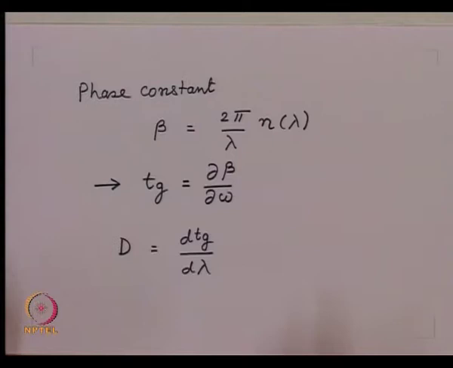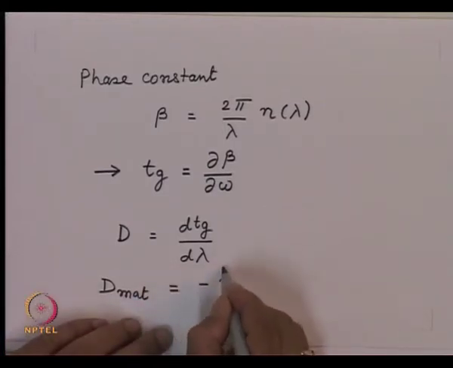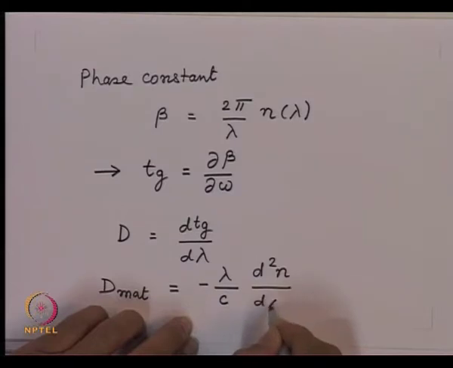So if I do this, then we get the dispersion because of material, which will be essentially given by this. Let me write down, this quantity will be D material, that will be equal to minus lambda by c d2n by d lambda square.